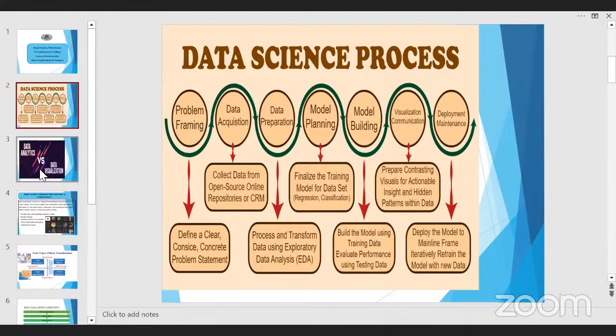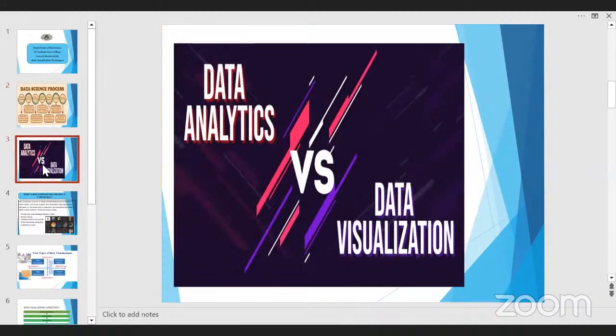Now, as a prelude, the Department of Electronics has offered data analytics in semester 1. In fact, prior to the NEP, we had data science as a complete paper, but then in the NEP, we have the data science paper divided into two. One is data analytics and the other is data visualization.